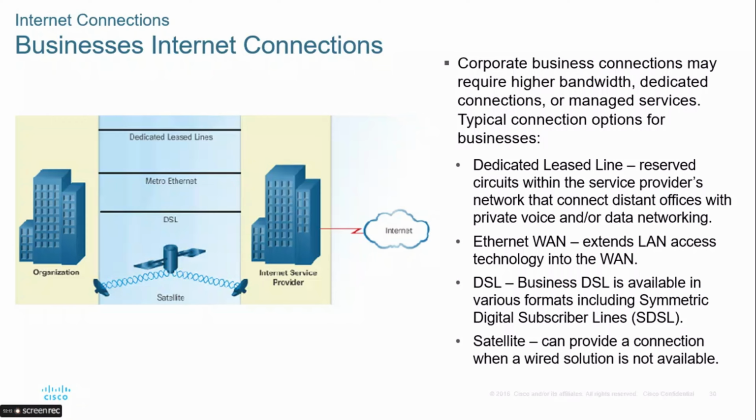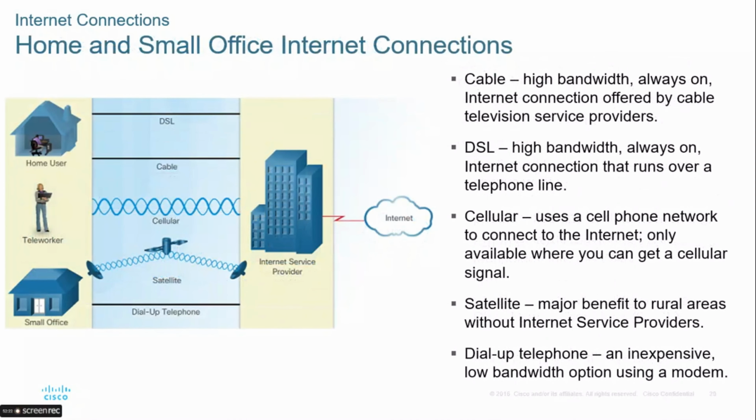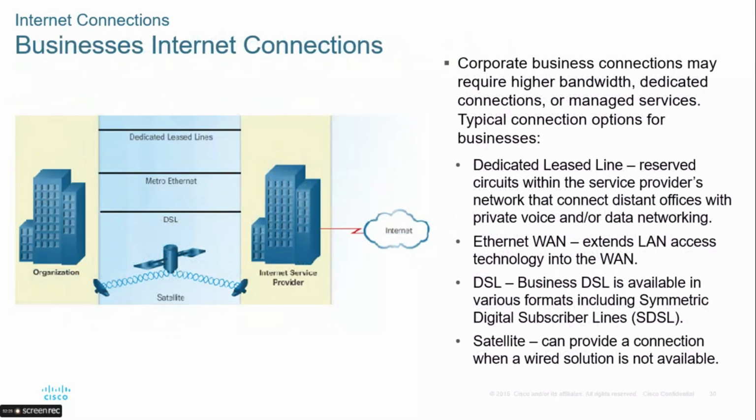For business, we've got almost 4 types. We've got dedicated leased lines. A dedicated leased line, it means there is a section here. They talked of leased line. Leased line, they just give you a specified line for you. But they can also lease you a line that is shared, so you are not assured of the internet speed.